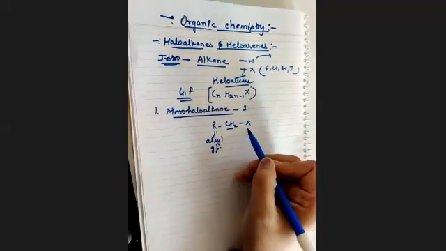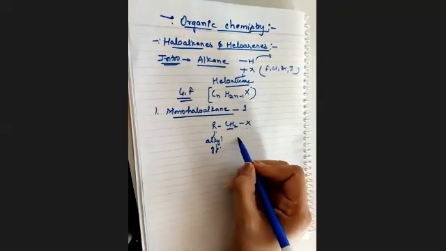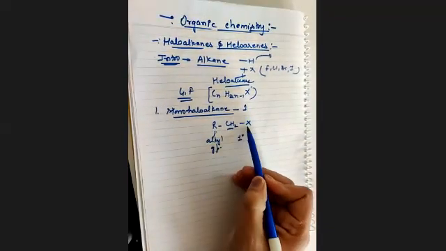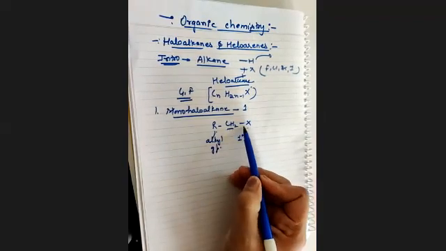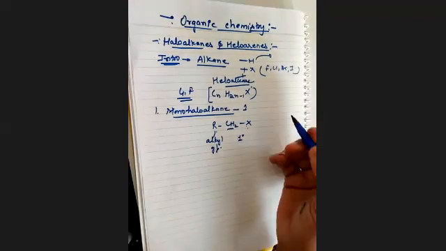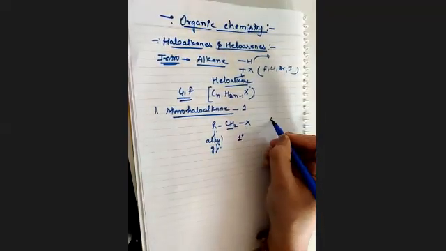So with this carbon, your halogen is attached. So here the attachment is primary, because with the first carbon, only one halogen group is attached. Okay.